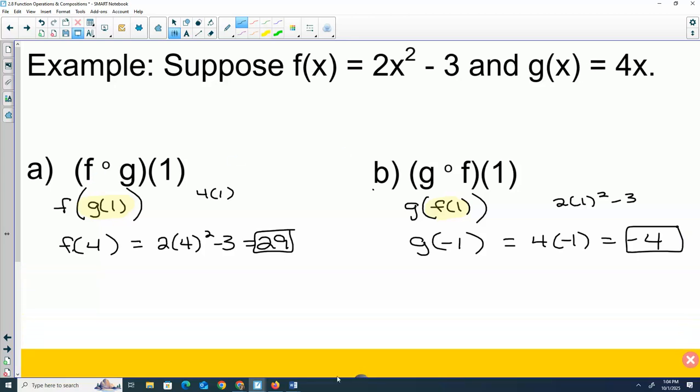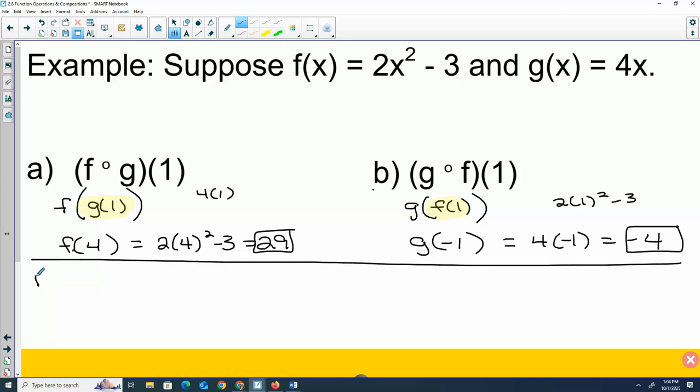Can you do, what if I said f composed with f of 2? Can you compose a function with itself? Yeah, no reason you can't. You start on the inside. f of 2. I put a 2 into f. Get 4 times 2 is 8, so 8 minus 3 is 5.